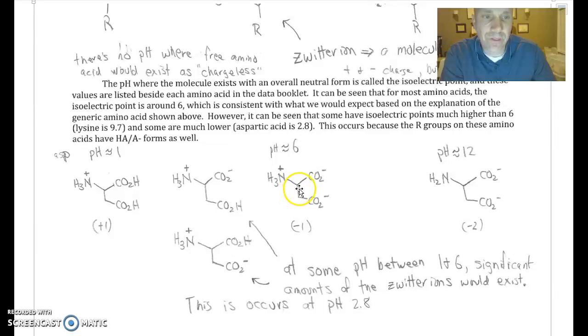Recall that for amino acids, the charge on the molecule is going to depend on the pH of the solution that it's in. For example, there are four different types of charges that could exist on this molecule depending on the pH.